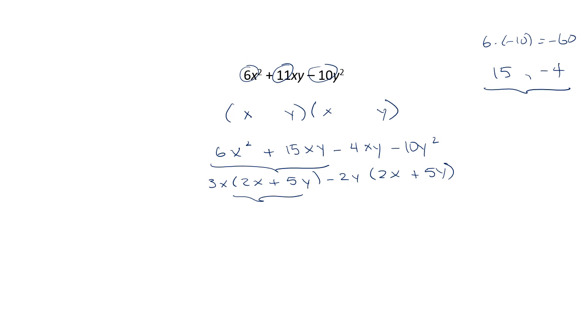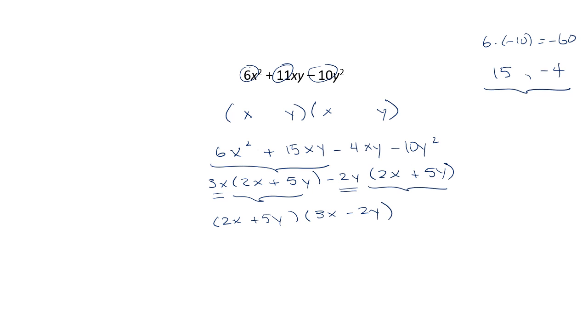I have a 2x plus 5y here and a 2x plus 5y here. Multiply that common factor, common expression, out. I'm going to bring the 2x plus 5y out in front. I've got a 3x left from the first term and a minus 2y left from the second term. And that's my final answer.